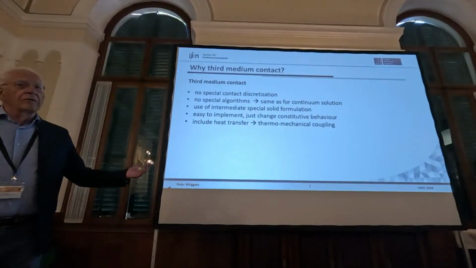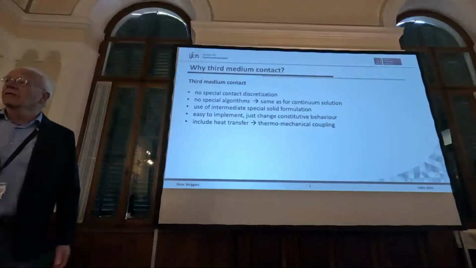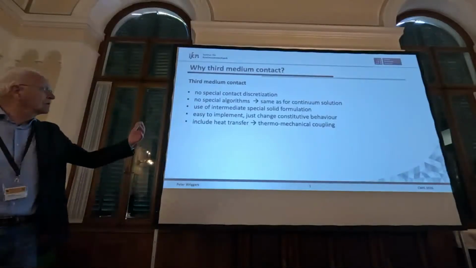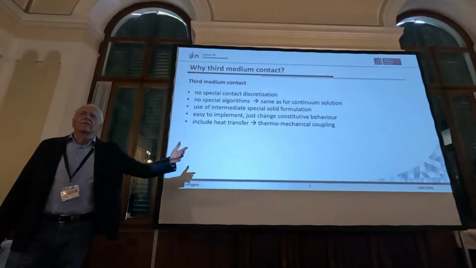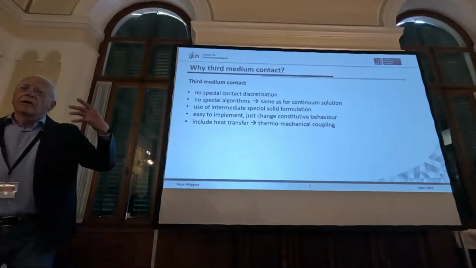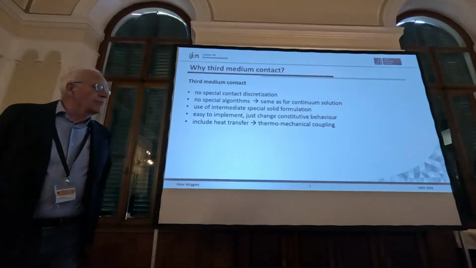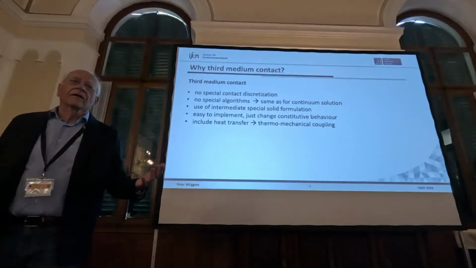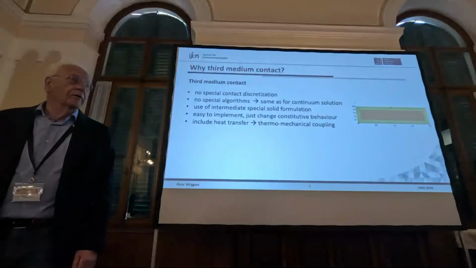It's easy to implement. I mean, it took me about half an hour or 1 hour to code this stuff because I could just use a standard element. And you can also give the third medium physical properties like air, like gas, whatever, and then you can even use it for thermal contact.